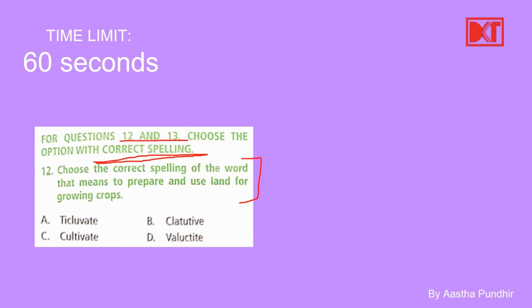Here the word is cultivate, and for cultivate the correct spelling is C. The rest of these are not words at all, not the ones that I know of, so all of these are incorrect. The correct word is cultivate, and cultivate means to prepare and use land for growing crops. Right.